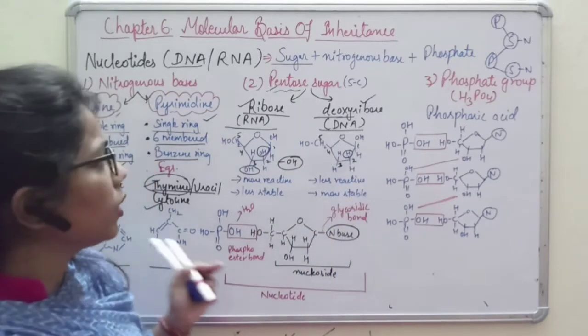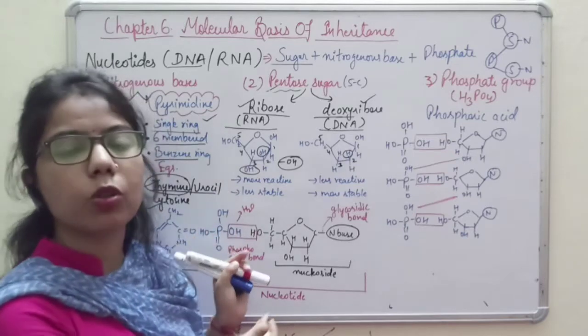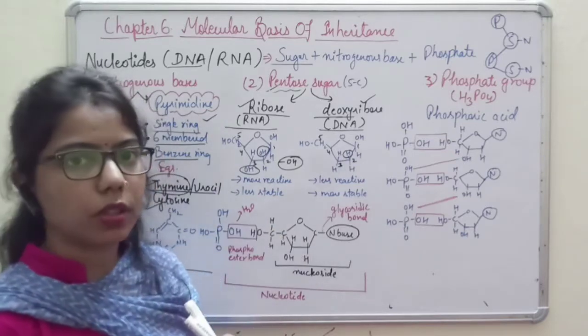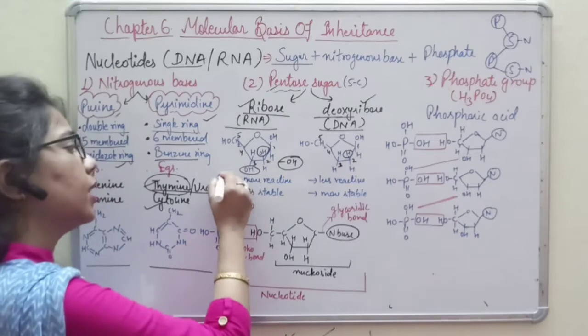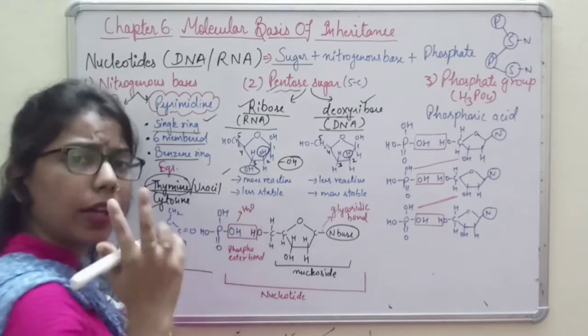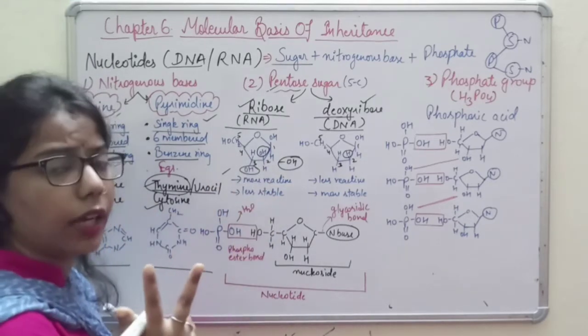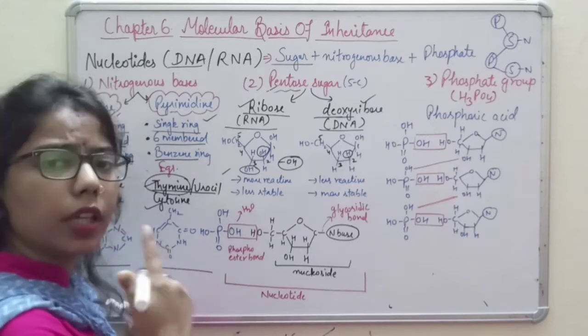Okay, so what is the use of these 2 hydroxyl groups, and what is the use of this 1 hydroxyl group? If there are more hydroxyl groups, it will be more reactive.